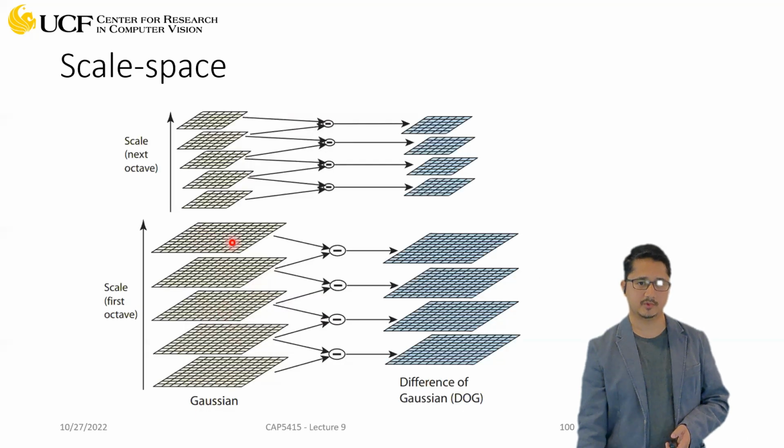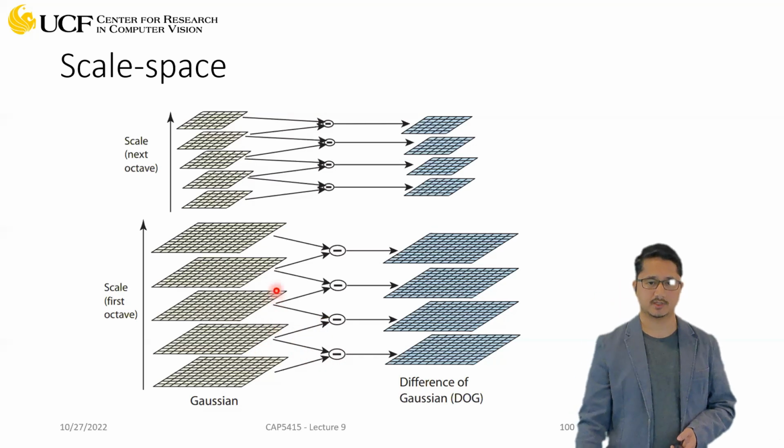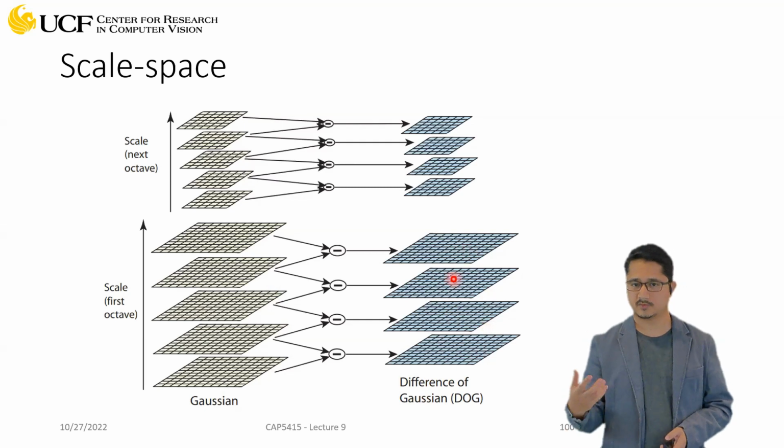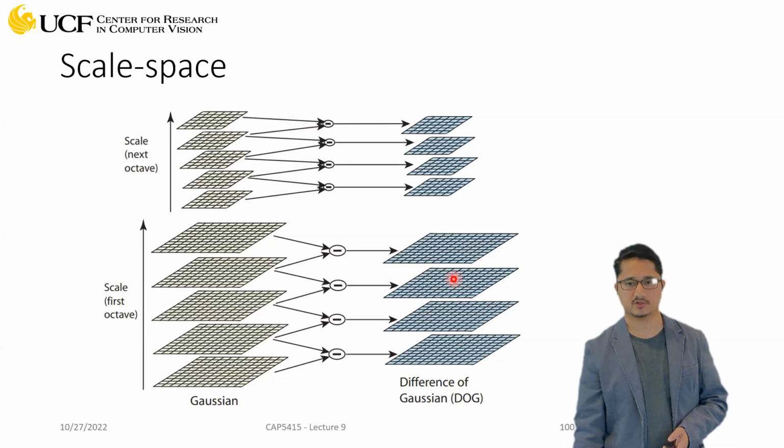That will be your smoothened image, and then you can just keep subtracting them. So this is subtracted from this, and again this is subtracted from this. You keep doing that over multiple scales, and these are your response activations after difference of Gaussian, and this will be an approximation of your Laplacian of Gaussian as well.